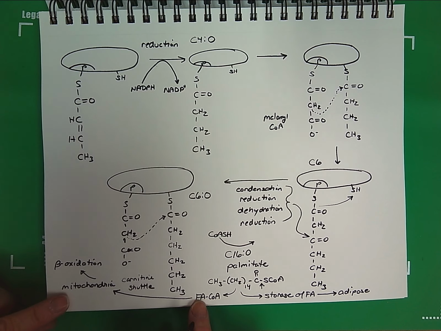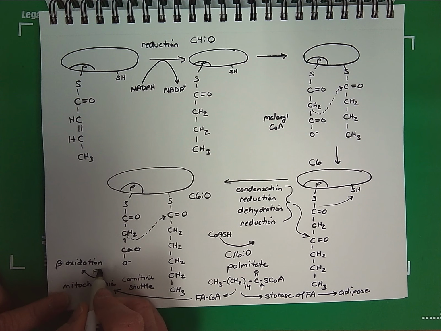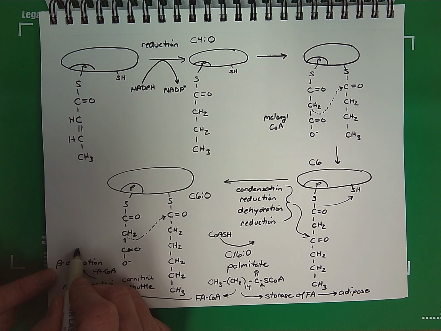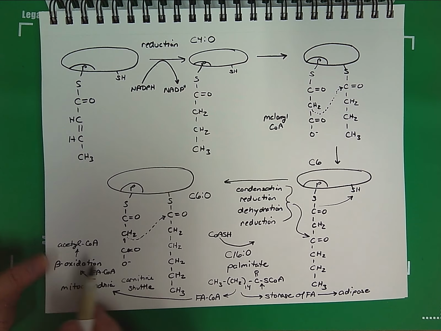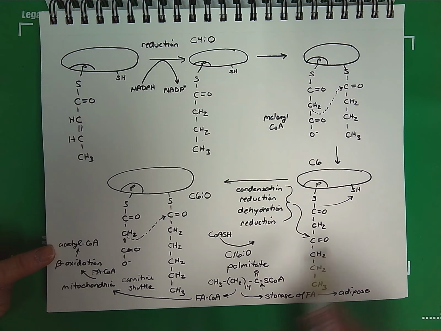Recall that the carnitine shuttle is going to convert the fatty acyl CoA into fatty acyl carnitine, and then that will be translocated into the mitochondria and then regenerate the fatty acyl CoA to be put into beta oxidation. The result of that is acetyl-CoA. If that happened, we would be right back to the starting point, but using all of this energy in a futile way.